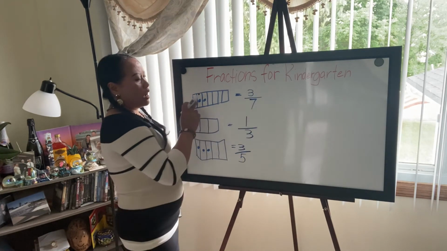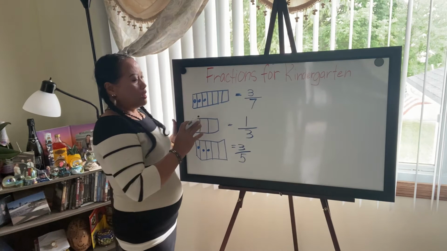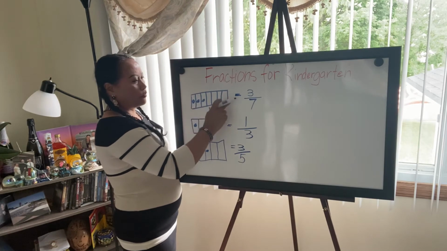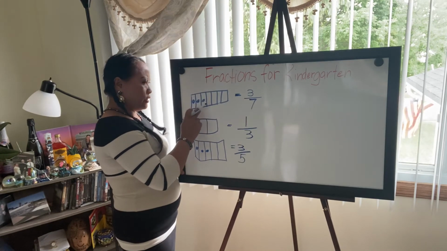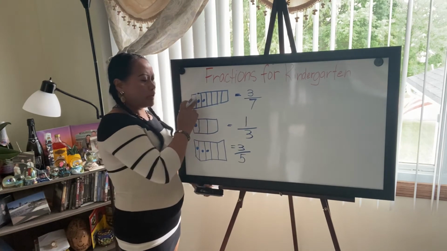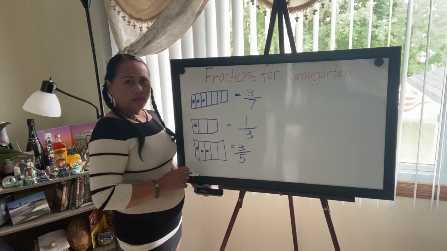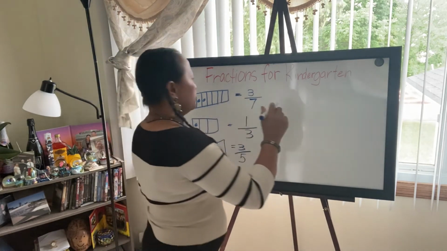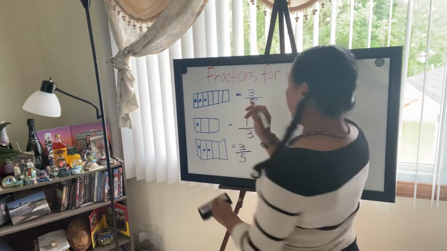For example, I give 3 pieces to Sandy. First, I will say there are 7 pieces of this pie, or let's say bread.